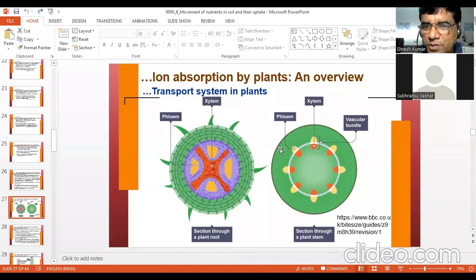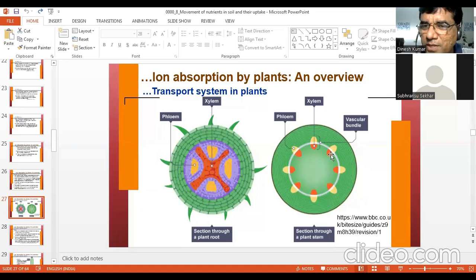And then if you see the structure of the stem, in the stem you get these kinds of structures, and they are representative. These sections, the pictures, will vary with the kind of species, whether it is monocot, dicot, or different, but it is a very general representation of xylem and phloem. Here you can see a section of the plant stem. It is a bundle.